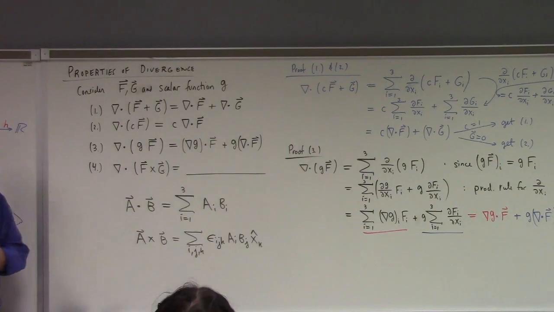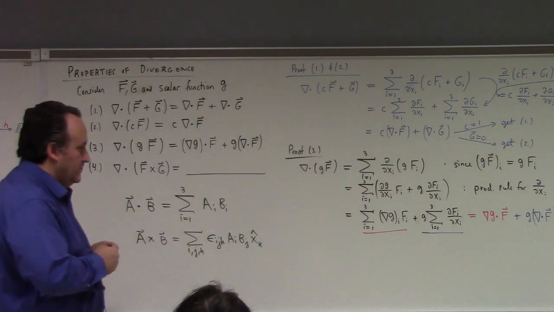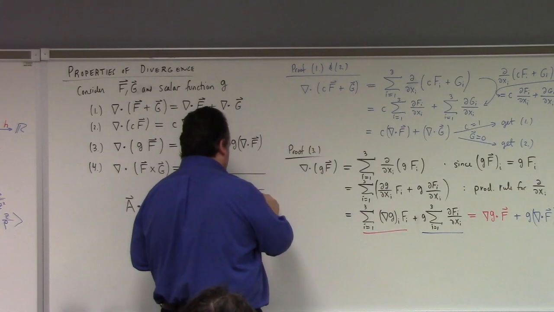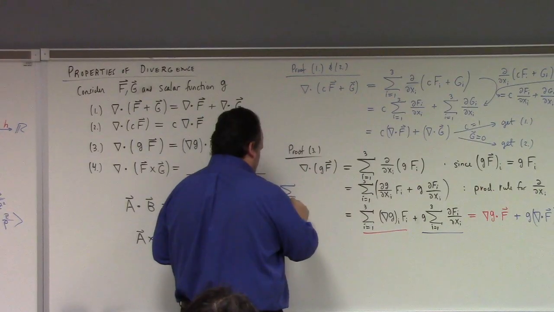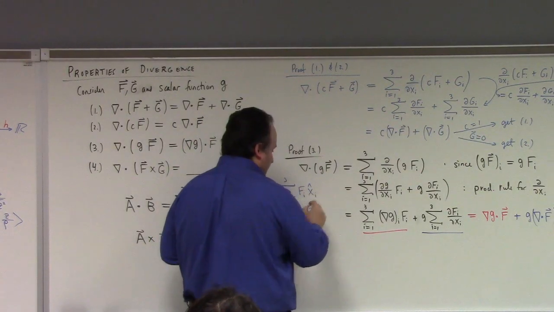Now, yeah? Why doesn't F sub i have a vector thing over it? Because it's the ith component. So F vector is equal to the sum, i equals 1 to 3 of F sub i, x sub i hat, right?